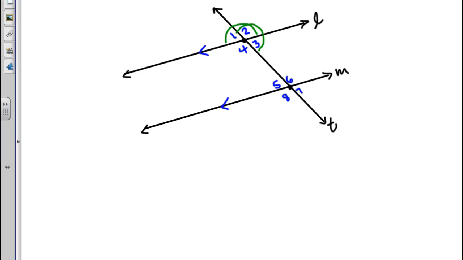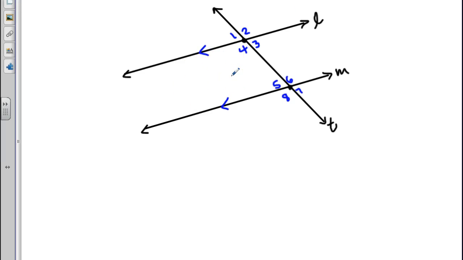We also know that there's a relationship between 2 and 4, vertical angles, they're equal in measure. 1 and 3, vertical angles, equal in measure. 6 and 8, 5 and 7, vertical angles, equal in measure. So we can go through all that with just the 4 on line L and just the 4 on line M. But what about going from L to M? Well, first of all, let's get some terminology here.